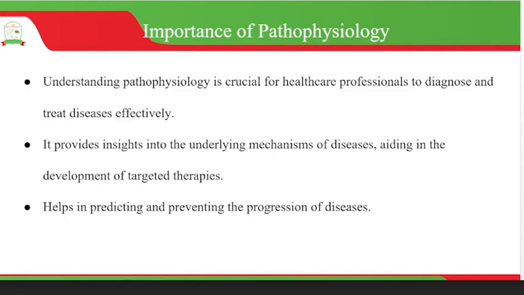What are the series of events that take place before the signs and symptoms occur? Or what processes does this cell go through in order to show the signs and symptoms? And we call that knowledge pathogenesis. With this knowledge, it aids us in developing targeted therapies. It helps us to strategize which drugs we should use in order to stop this from happening.